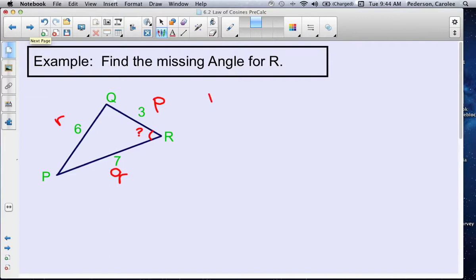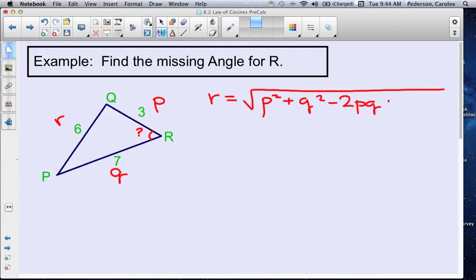Since we're working with angle R, we set up the equation as side r. So r equals the square root of p squared plus q squared minus 2pq cosine of R. Now we would substitute everything in and then continue undoing until we can find out what the cosine of R is with inverse trig.